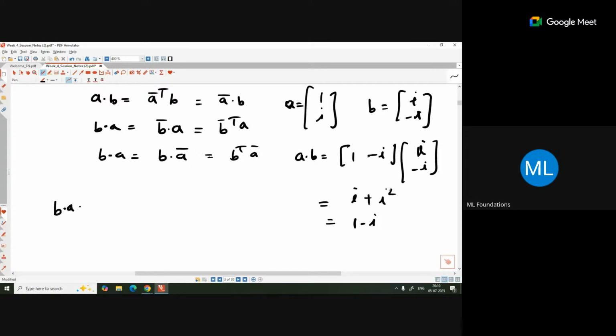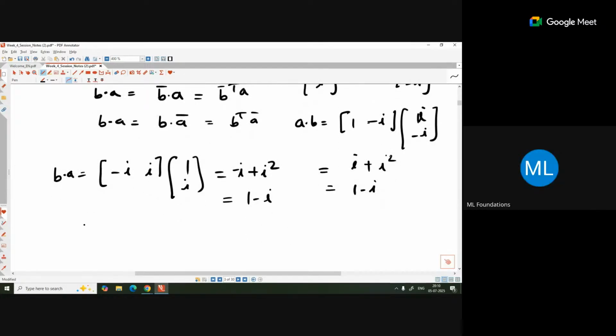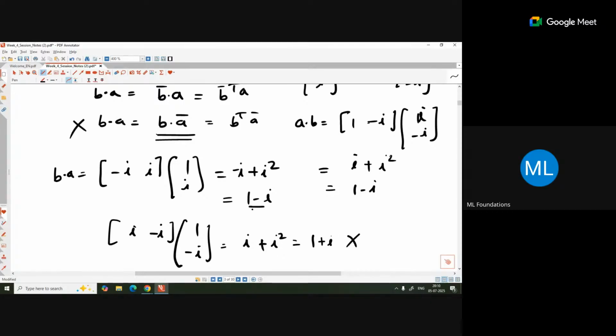If I say B dot A, it is minus i plus i, and then 1 i, so this will become minus i plus i squared, then it is 1 minus i. It cannot be like what I showed here. This is not possible. If I use i and minus i and take the conjugate here, this will become i plus i squared, which is 1 plus i. And this is different from these two, right?